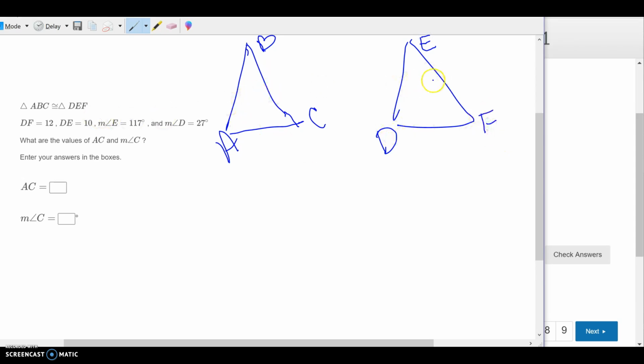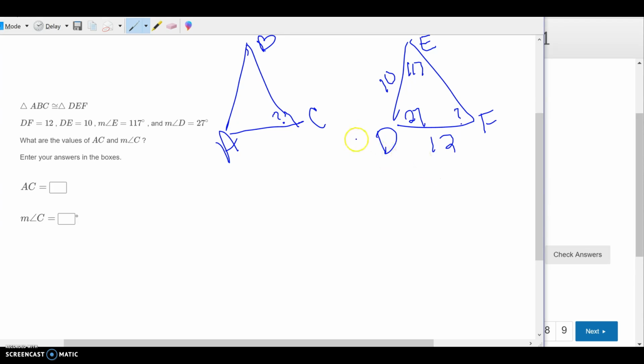It says that DF here is 12 and DE is 10. Measured angle E is 117. D is 27. And we're looking for this one, which would correspond with this.